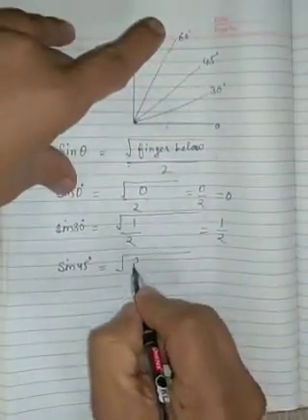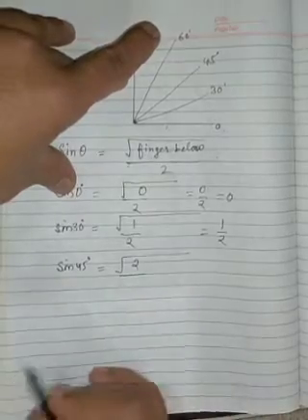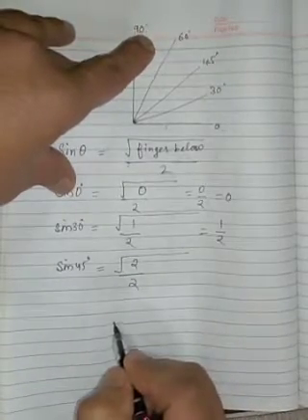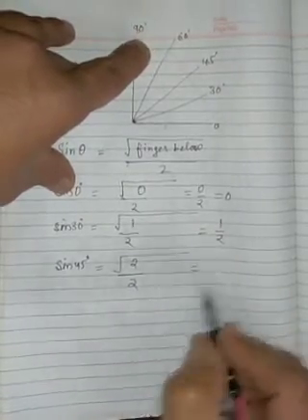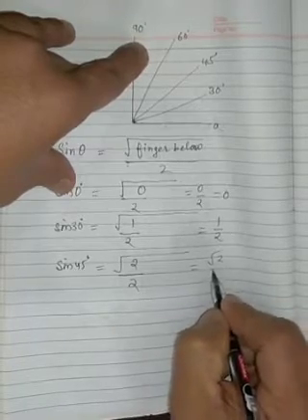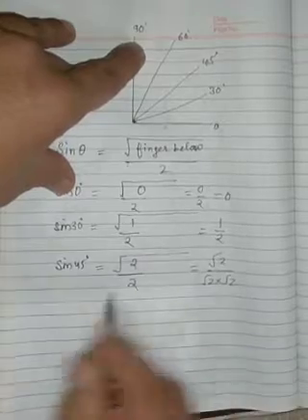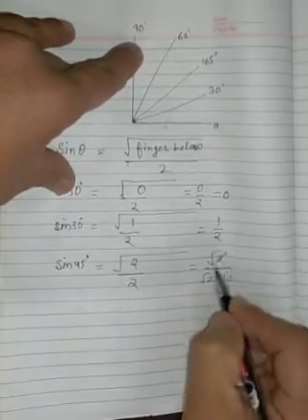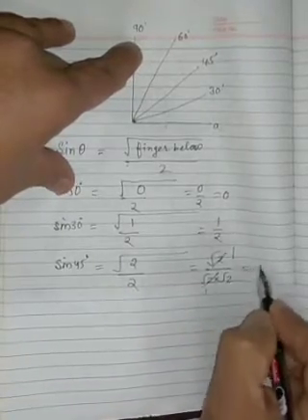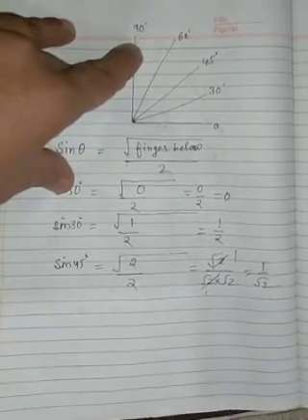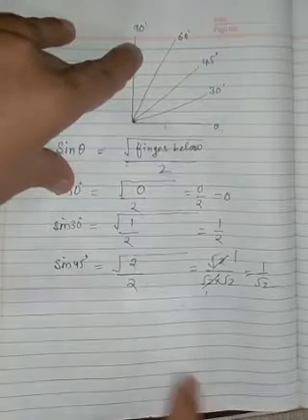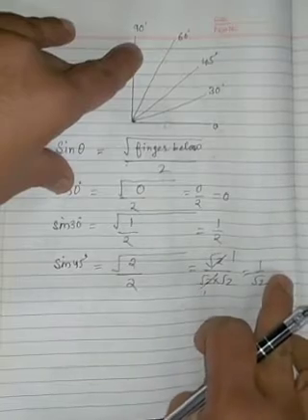So under root 2 upon 2. If we simplify it, we can write 2 as under root 2 into under root 2. So under root 2 will cancel and we will get the value 1 upon under root 2. So sine 45 degree is equal to 1 upon under root 2.